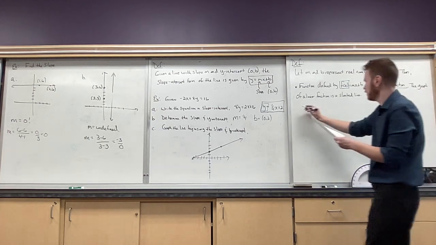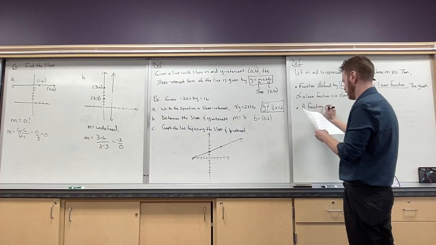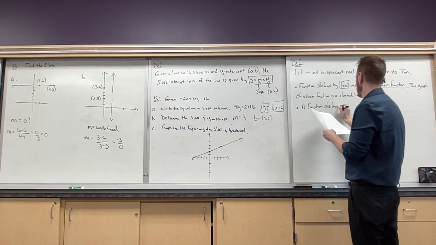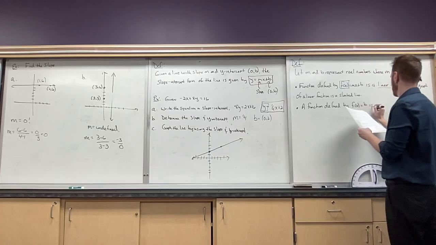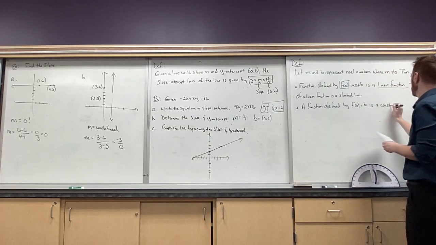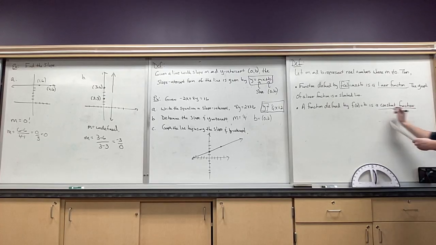So nothing new. Next, a function defined by f of x equals b is a constant function. Okay? So no slope, no slope whatsoever.